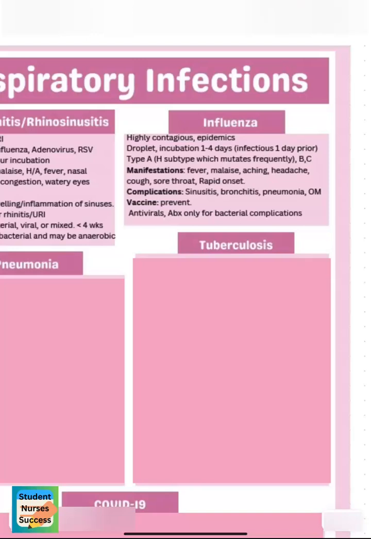And so that's an issue: we may have a flu shot all set up to cover what we think is going to be the specific subtype of type A that's out there this season, but that H subtype mutates and changes, and then people may not be as covered by their flu shot.